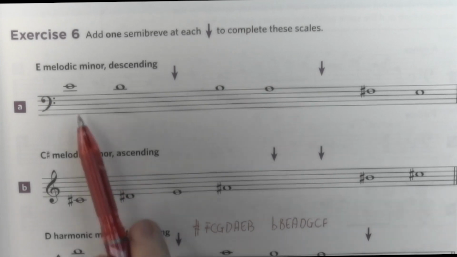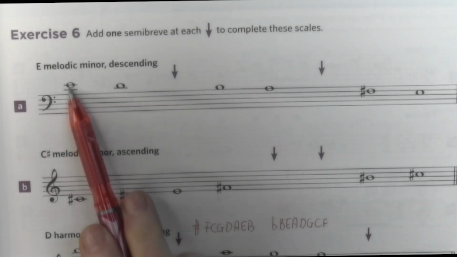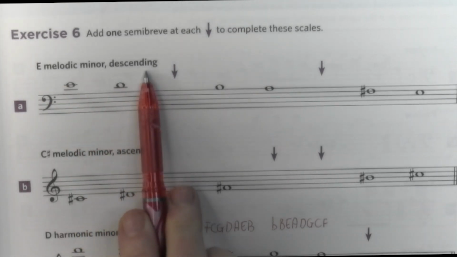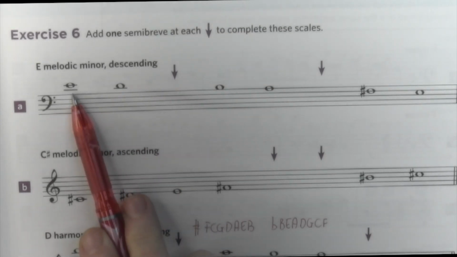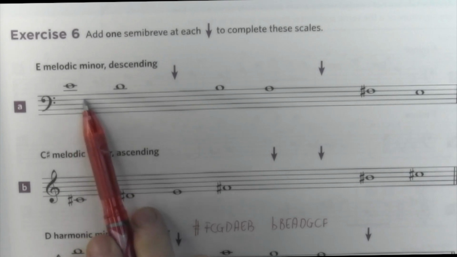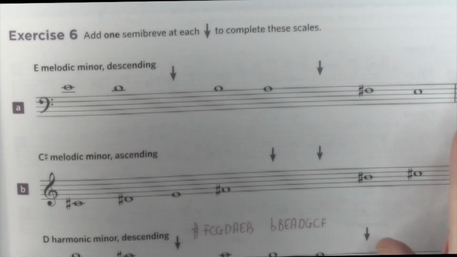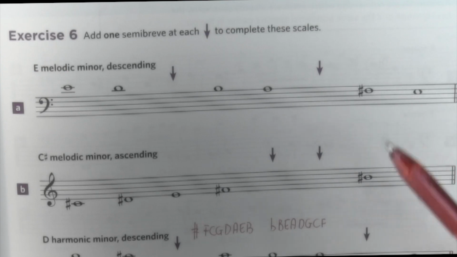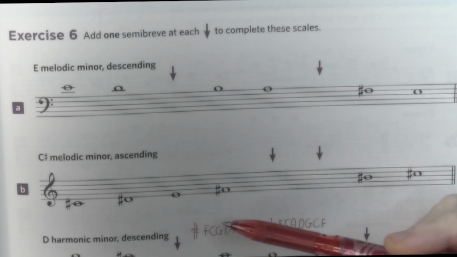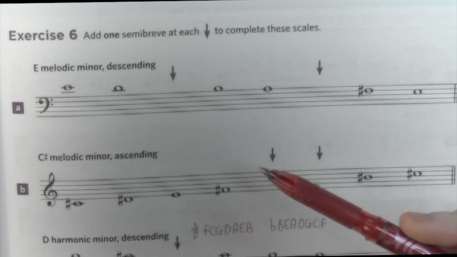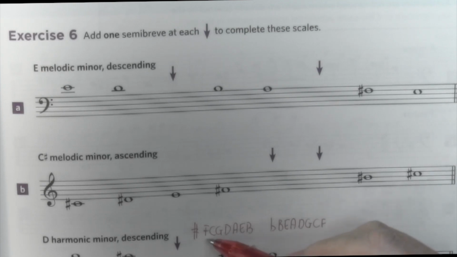Okay. This is an E minor scale, and E minor is the relative minor of G major, which has 1 sharp. Now, if you want to revise how I get to these things, go back and see in exercise 1, 2, and 3, I give detailed explanations about it. Anyway, G minus 1 semitone is F, so F is the key signature.